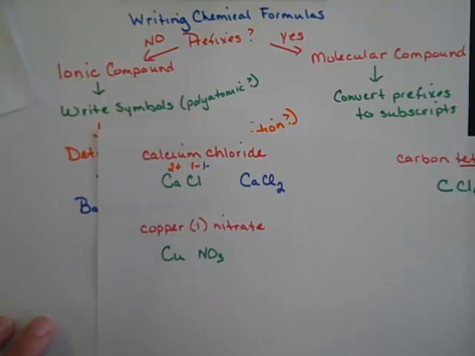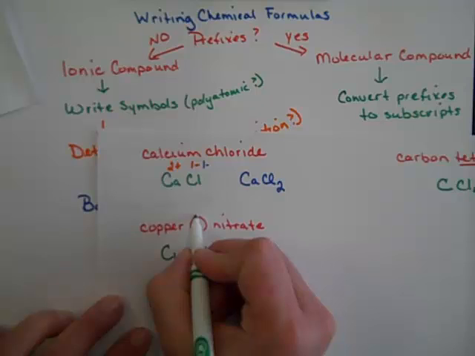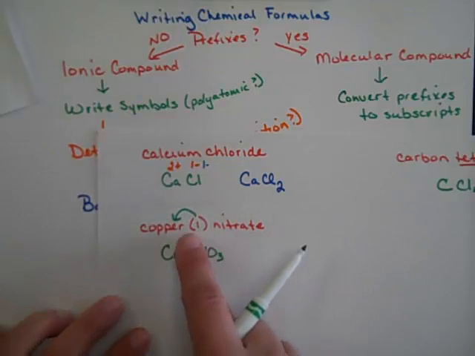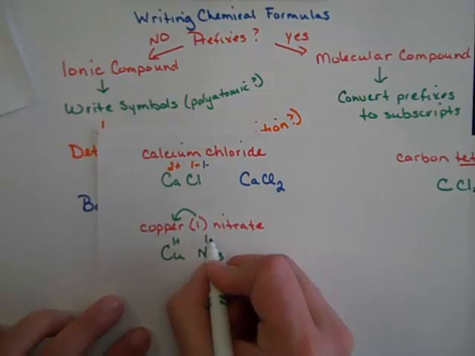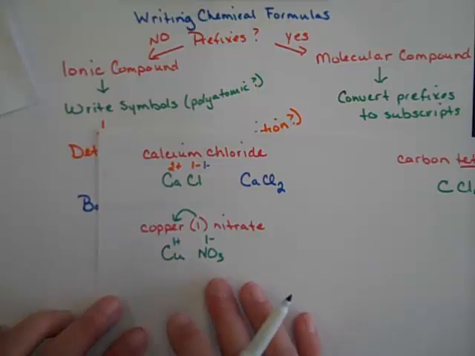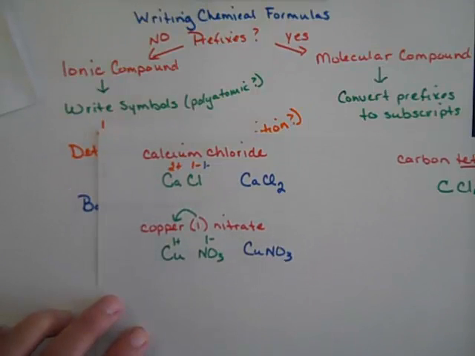Okay, it should have a Roman numeral that tells you what? Remember, this Roman numeral tells us the charge on the copper. So if we have a Roman numeral of 1 with our copper, we have a 1 positive charge on our copper. Nitrate, we know, is 1 negative. So to write the formula for copper 1 nitrate, we have CuNO3.